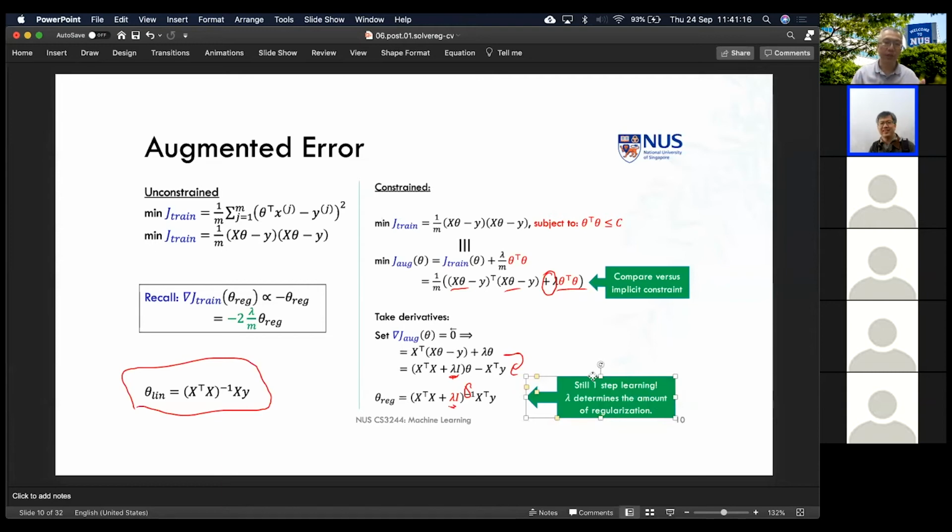But again, you don't have to do it this way. We can also try to do it through gradient descent. When we do it through gradient descent, it's no different. We're still trying to minimize this. It's just that we take the gradient, which we've done, we take the derivative and we just take steps one at a time.